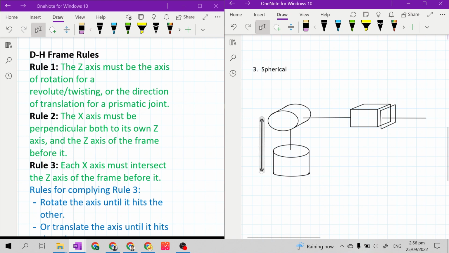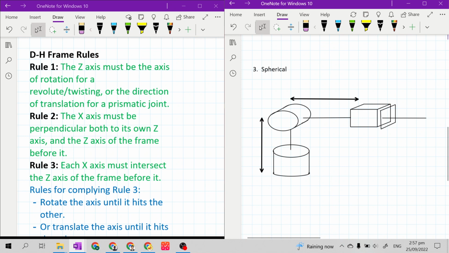Next, from the center of the revolute joint, so this is the center. Our link indicator should be drawn up to the connection of the revolute joint up to the connection of the next joint, which is a prismatic joint.